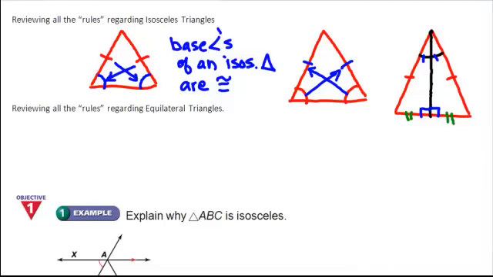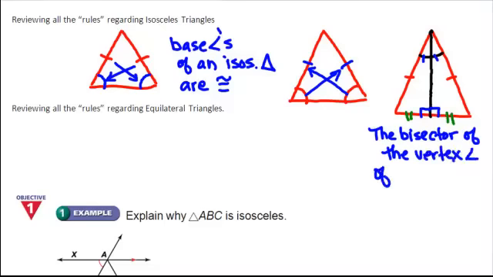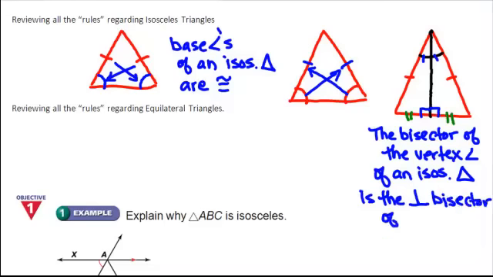The bisector of the vertex angle of an isosceles triangle is the perpendicular bisector of the base.